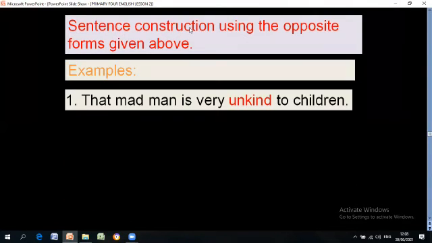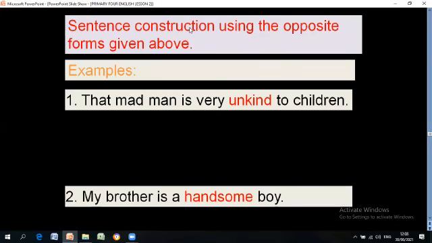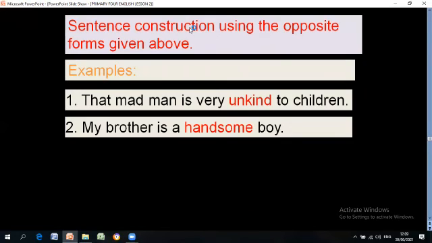In sentence 1, it says that madman is very unkind to children. So we are using the word unkind, which is the opposite of kind. As we look at number 2, it says, my brother is a handsome boy.